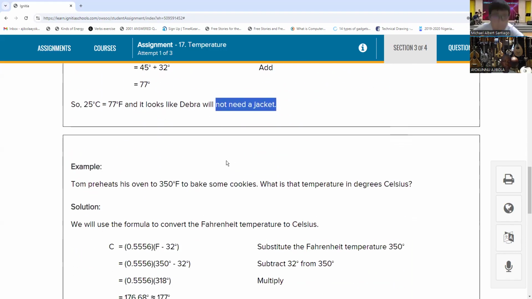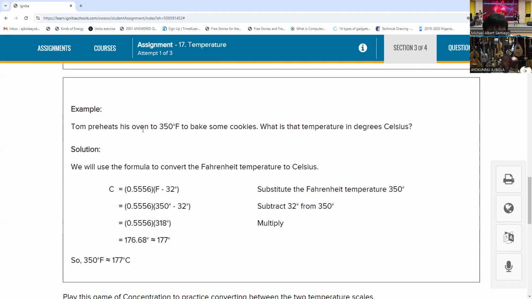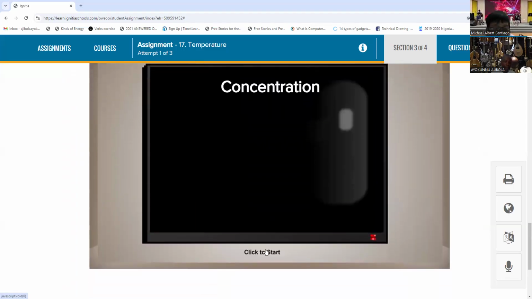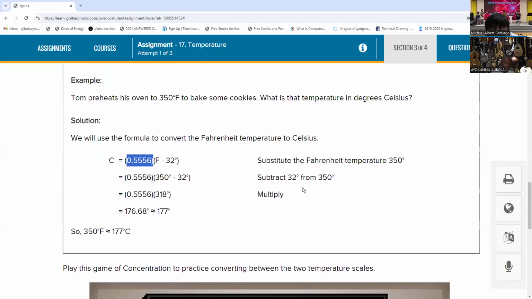Okay? Tom preheats his oven to 350 Fahrenheit to bake some cookies. What is the temperature in Celsius? So remove 32 from the Fahrenheit, then multiply by 0.5556. Then this is going to give us the final answer. So let's try to work on this concentration skill, but before then, we should also take note of our conversion rule.